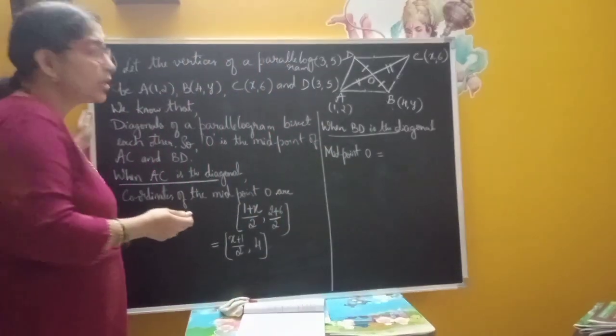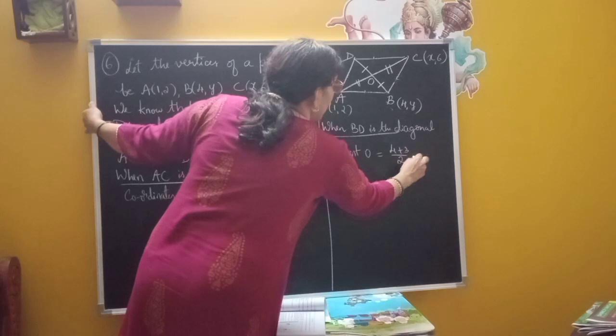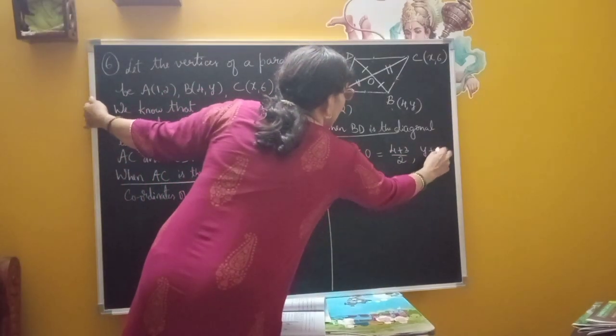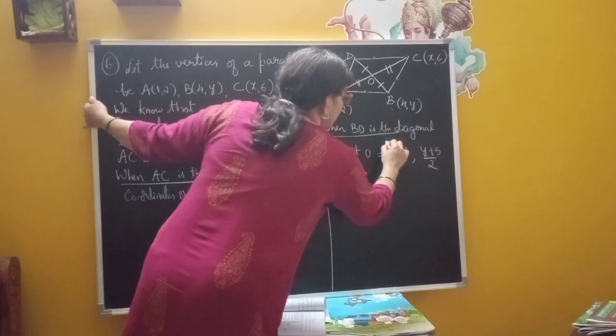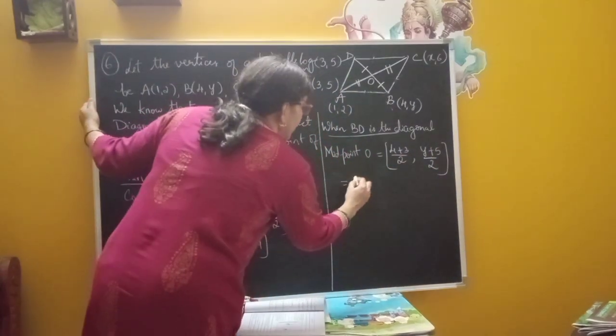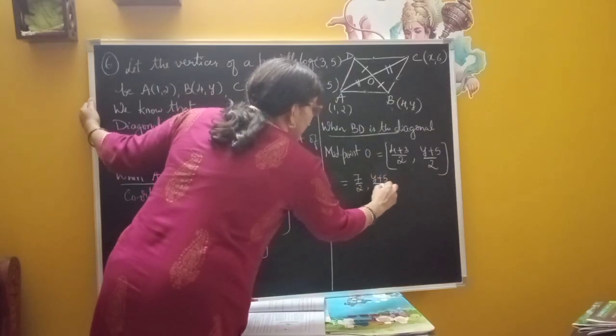So 4 plus 3 is equal to 7 by 2, and (y plus 5) by 2.